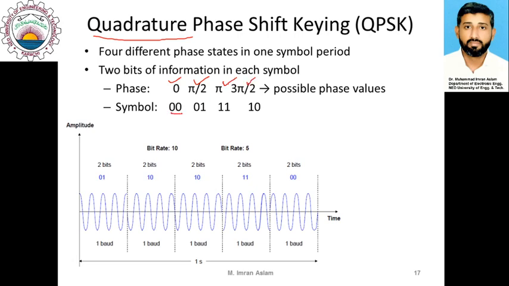For example, the bits 00 make one symbol and it is represented by phase 0. The bits 01 are represented by another phase, pi by 2. 11 is another symbol which is represented by a phase of pi, and 10 is another symbol which is represented by 3 pi by 2. So one symbol is represented by 2 bits here, and different symbols are represented by different phases.